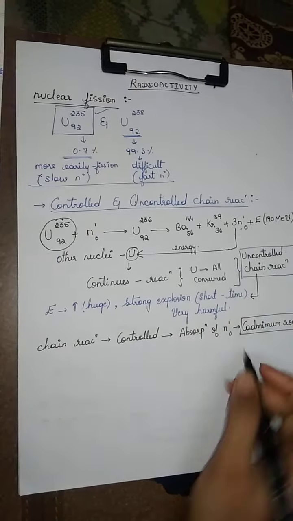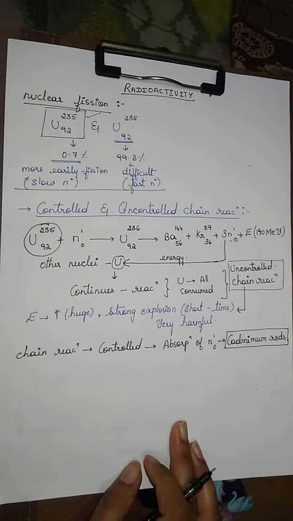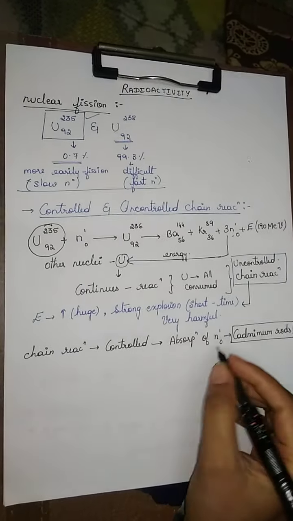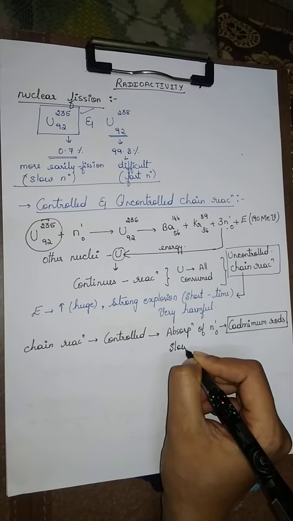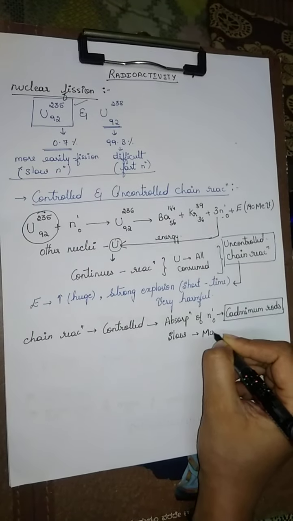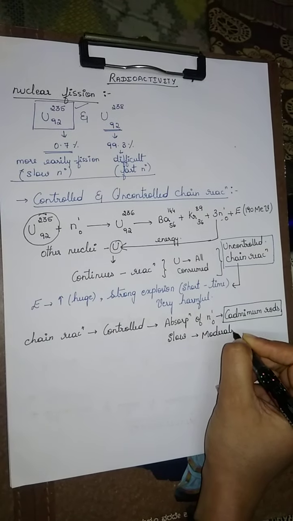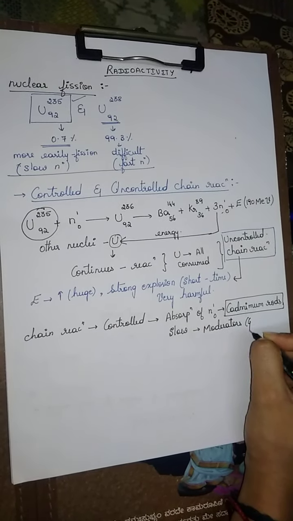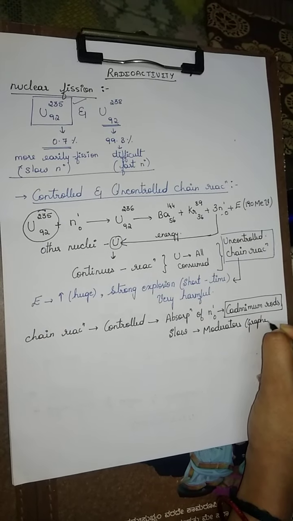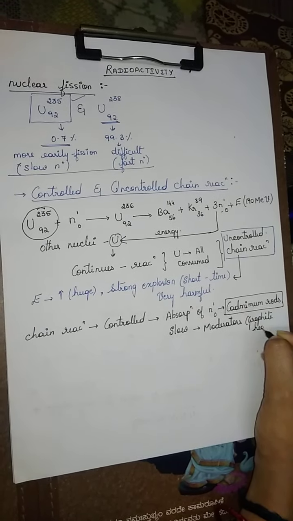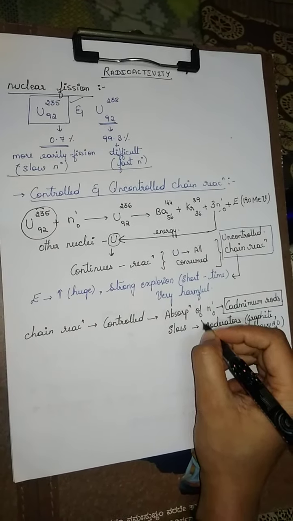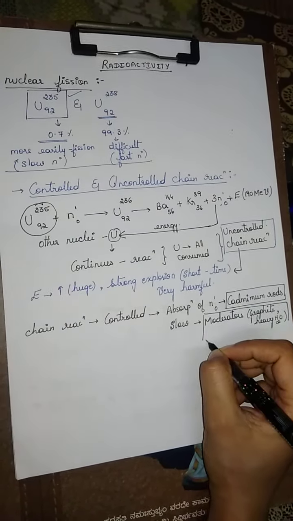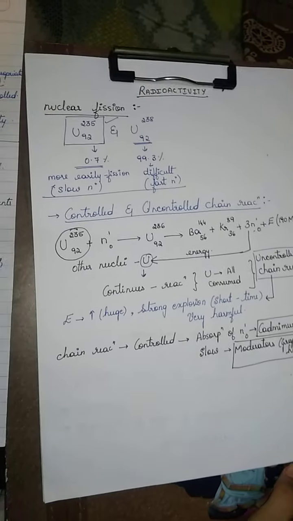The neutrons produced in this reaction are absorbed by cadmium rods. Then they make this reaction very slow by using moderators, like graphite or heavy water.